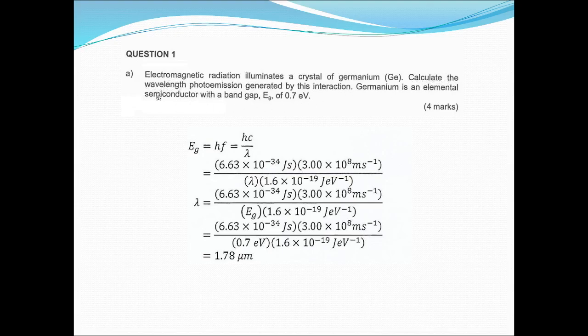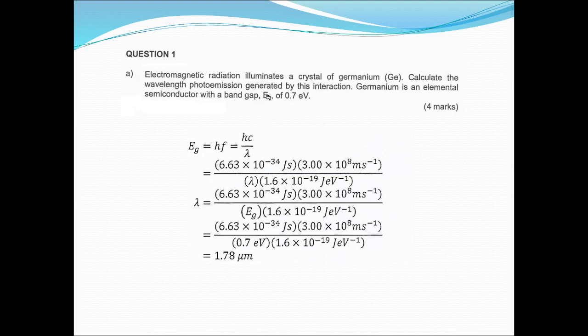Wavelength is lambda. When you get the question, you have to determine what parameter is being asked by the question before you answer. So here you have to find the value of lambda.